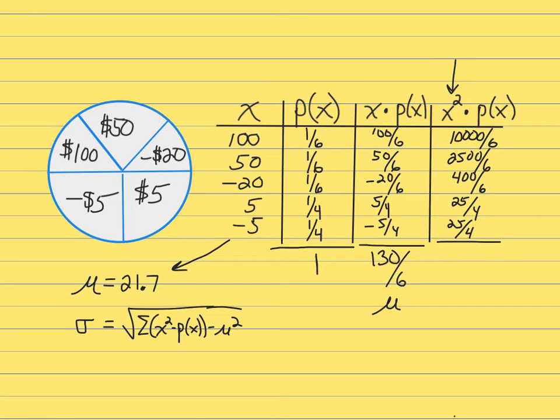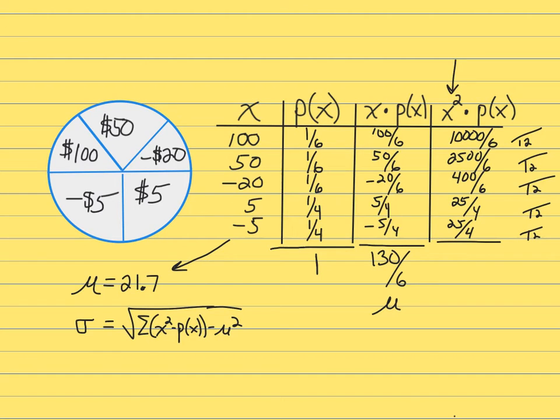All right, a little fraction lesson here. We're going to add these up. You could convert them to decimals if you like. That's fine, but there will be rounding error if you do that. I'm going to go ahead and keep them as fractions. I'm just going to convert each one to a common denominator of 12, the smallest common multiple of 6 and 4. Let's go 12ths, 12ths, 12ths, 12ths, and 12ths.